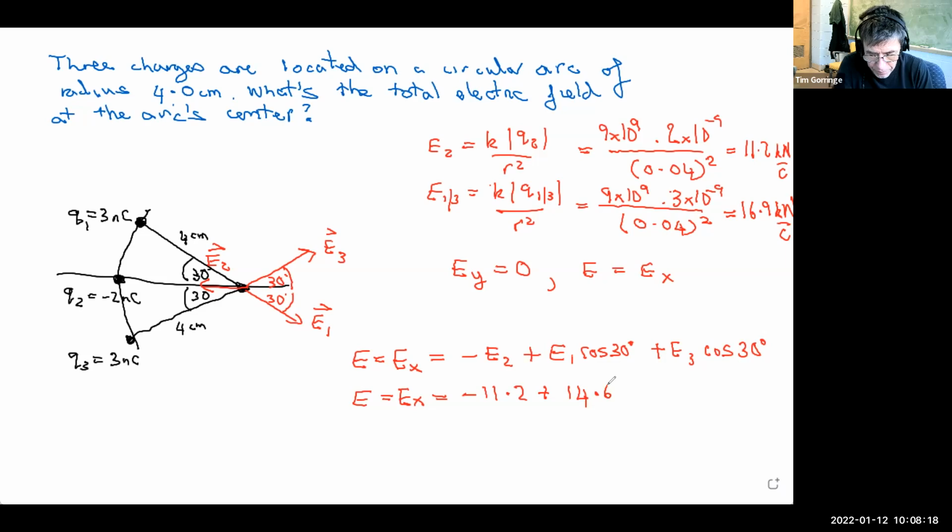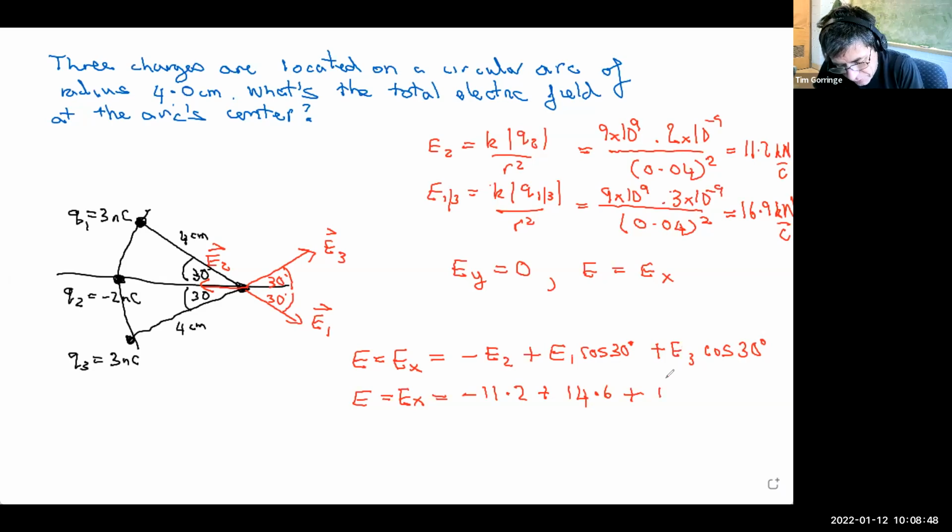And then I got to do the same thing for the third charge, its contribution, but it's exactly the same contribution as the first charge, Q1. It's the same strength field, and its angle above the horizontal axis is the same as the field of charge 1 below the horizontal axis. So it likewise is 16.9 kilonewtons per coulomb times cosine of 30 degrees.